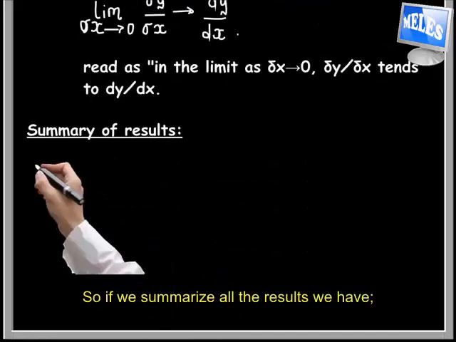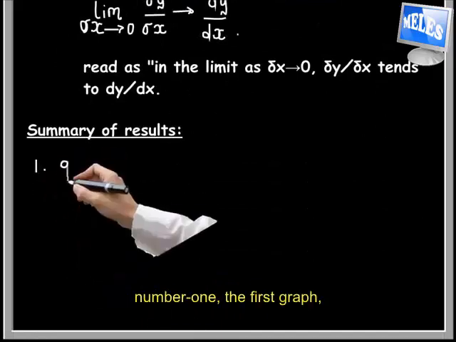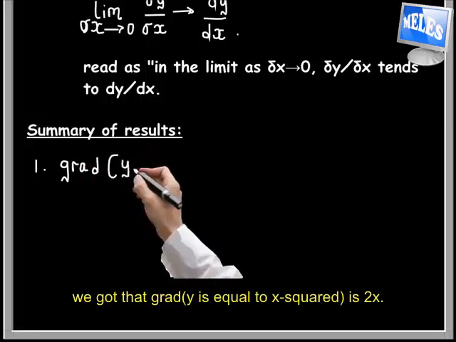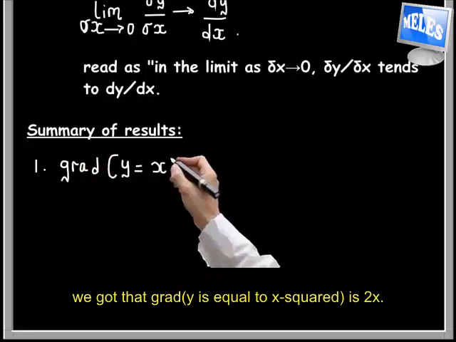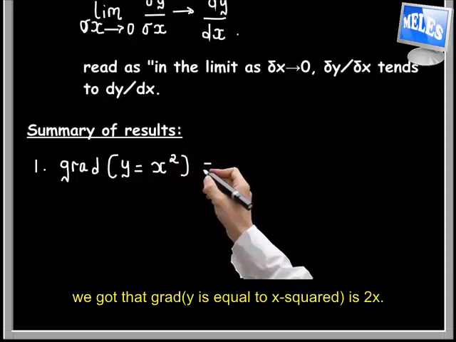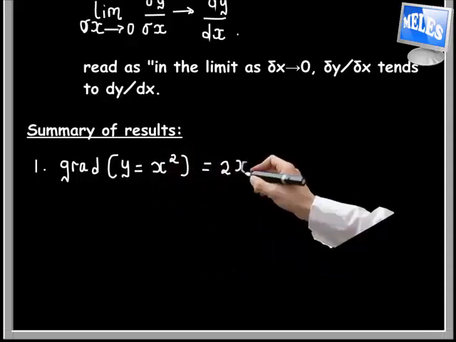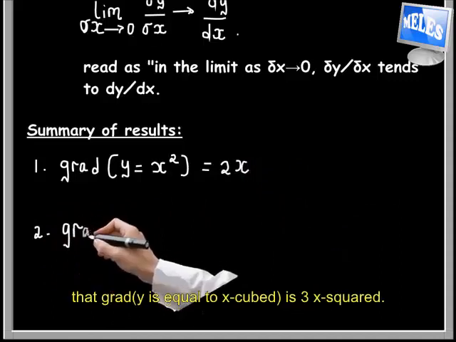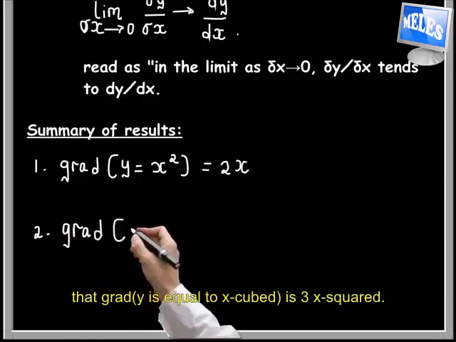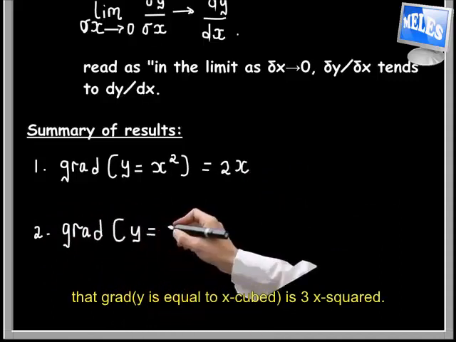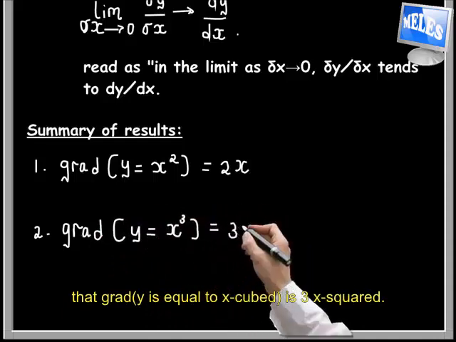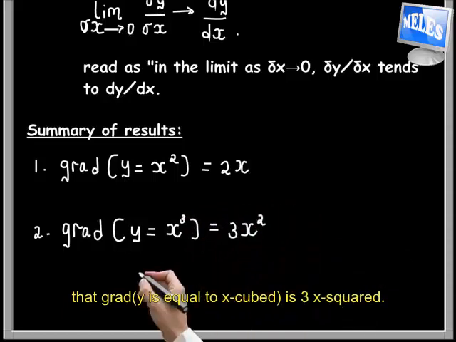So if we summarize all the results we have, in number 1, the first graph, we got that grad of y equal to x squared is 2x. We also got in the second graph that grad of y equal to x cubed is 3x squared.